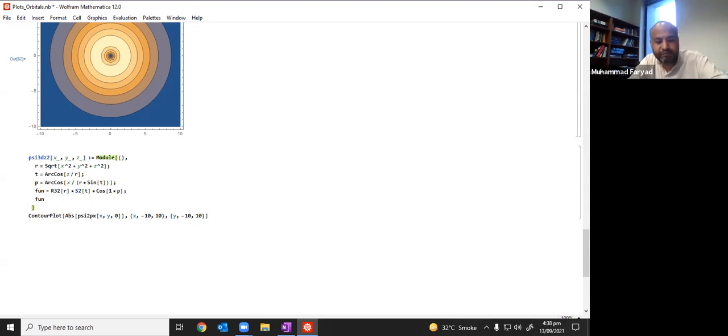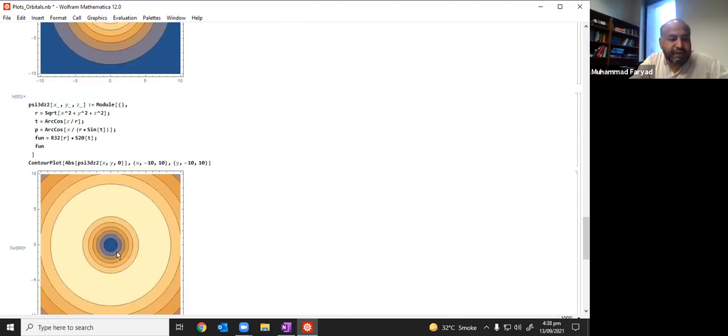So this is the 3dz square orbital. Let's see what it looks like.